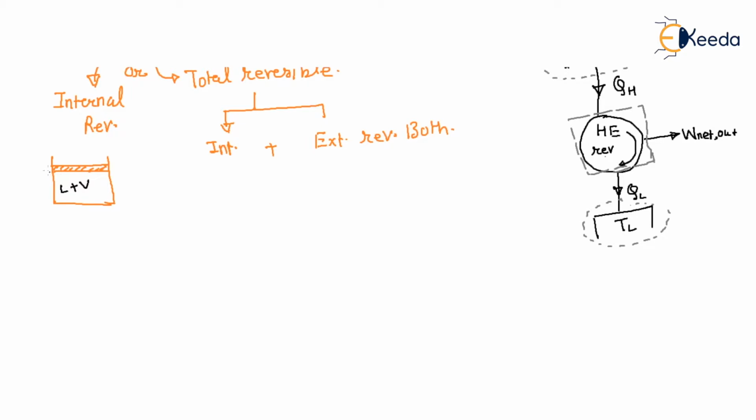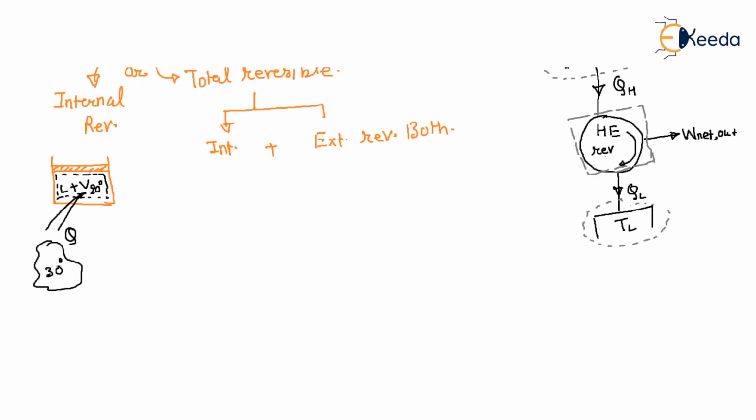When we supply heat to the system, let's suppose the system temperature is 20 degrees, and where we supply the heat, the temperature is 30 degrees.